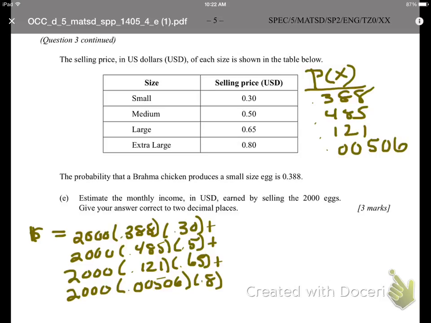All right, so what I did is I multiplied each one, 2,000 by the probability times the price. Okay, let me go and do this math.